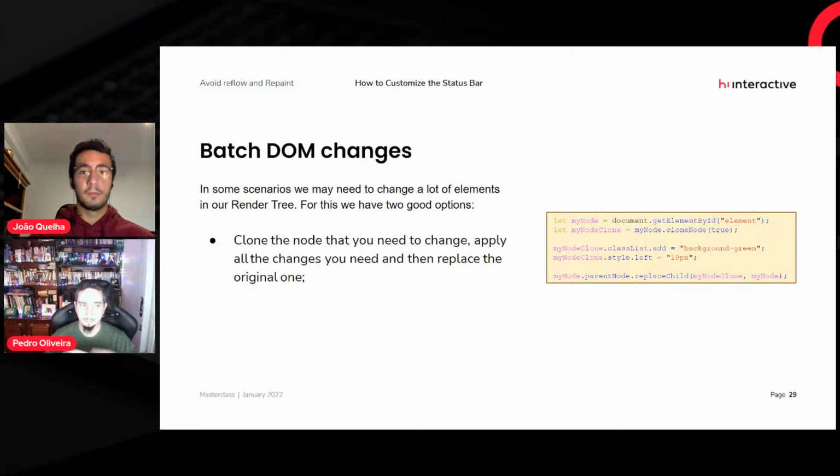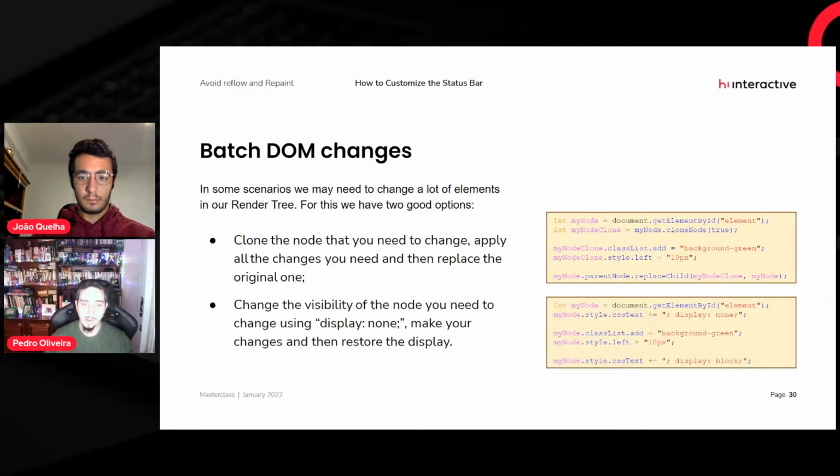If I need to change a lot of elements in the DOM tree, I can go with cloning the element that I want to change, apply everything using JavaScript, and then replace the original node. Basically, what we are going to do here is create just one reflow and one repaint.